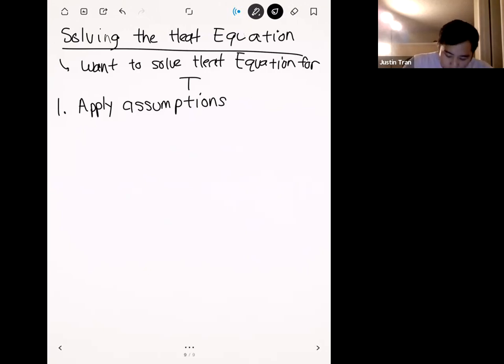All right. And for the heat equation, thankfully the assumptions that we're applying are fairly straightforward. There are two assumptions that we're going to make. The first assumption is what's known as the steady state assumption.